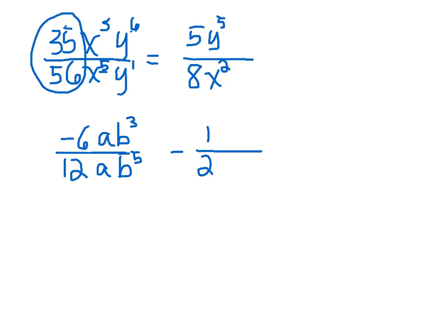I don't need to put the 1 on the top, but I can if I want to. These cancel out altogether. 1 minus 1 is 0, and anything to the 0 power is 1, so I don't even have to include those. And then I say I have b to the 2nd. Actually, I said I didn't need that 1, but when everything cancels out on the top, you do need the 1, because without the 1, you get a very different fraction. 1/2 is a different number than 2 over 1.